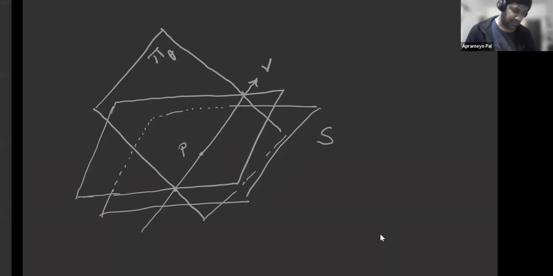And what you get is this curve, which you call gamma theta, the curve obtained as the intersection of the plane pi theta and S. And this angle is theta, the intersection angle between the plane pi theta and the tangent plane.